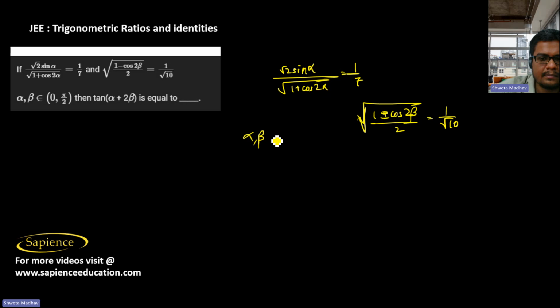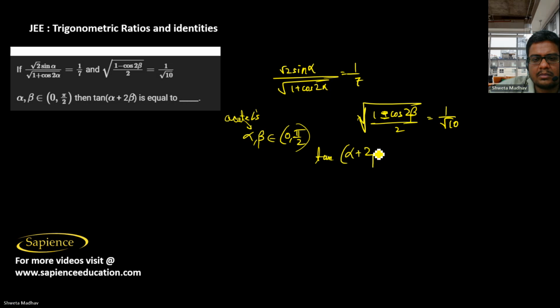Since alpha and beta belong to the open interval 0 to pi by 2, they both are acute angles. And then we have to find the value of tan alpha plus 2 beta.